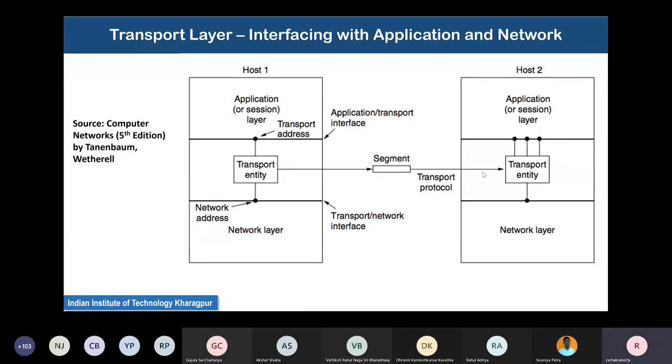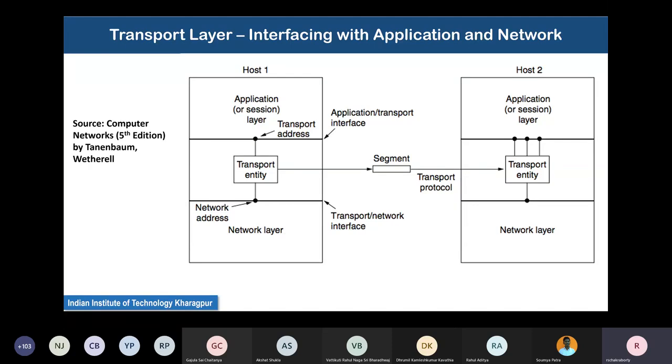Let's continue. From last class, as we discussed, in the transport layer there is a transport protocol, or some set of rules, which dictate the communication that goes on and create a logical channel between two transport entities.